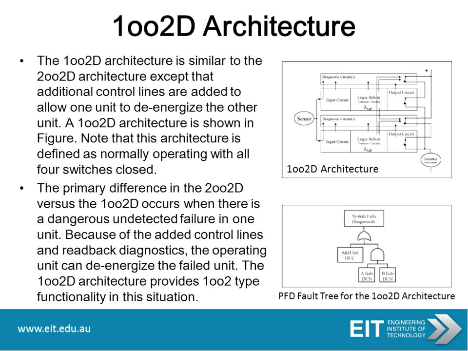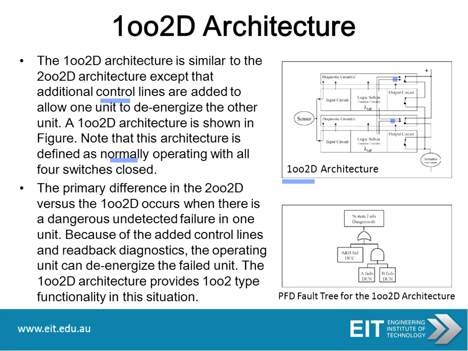Now 1oo2 architecture is similar to 2oo2 architecture, except that additional control lines are added to allow one unit to de-energize the other unit. So there's the 1oo2D architecture. You see that we've got control lines that can now de-energize the other one. This architecture is defined as normally operating with all four switches closed.